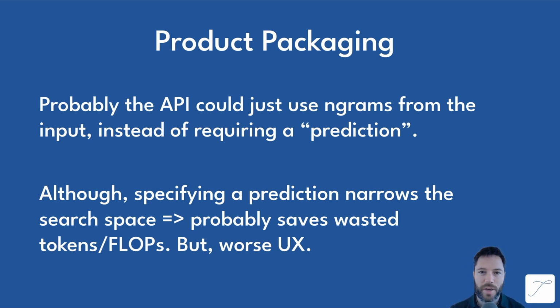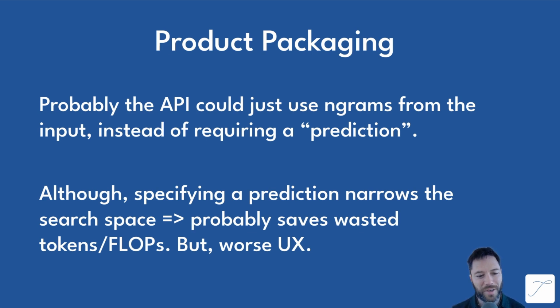Now, at the same time, generally, if you are matching some early token predictions, because you already have a few tokens, generally you can actually find good guesses within the prompt. So I'm not entirely sure there's a massive benefit to requiring the user to make a prediction, the benefit being slightly better guesses and less wasted tokens.